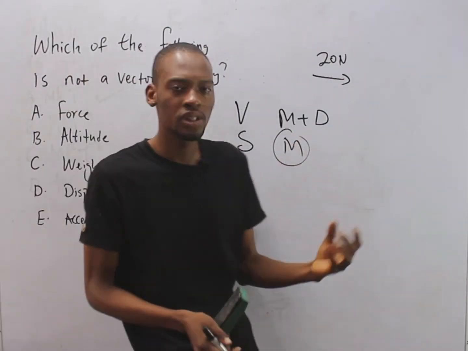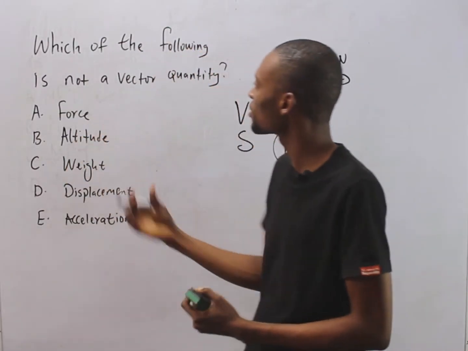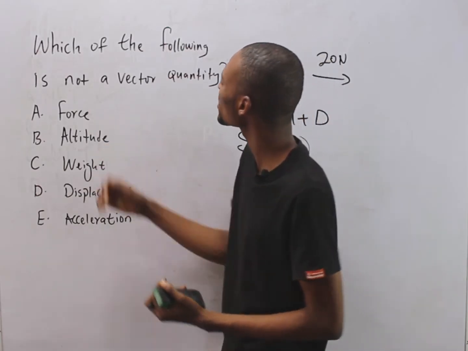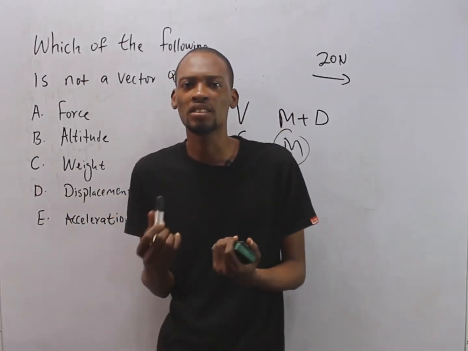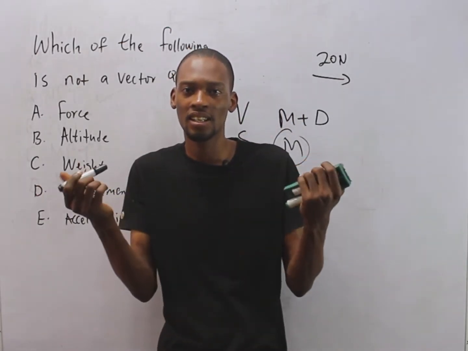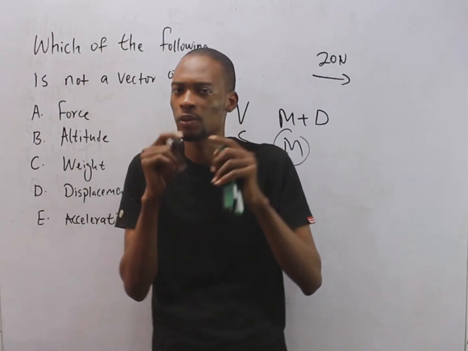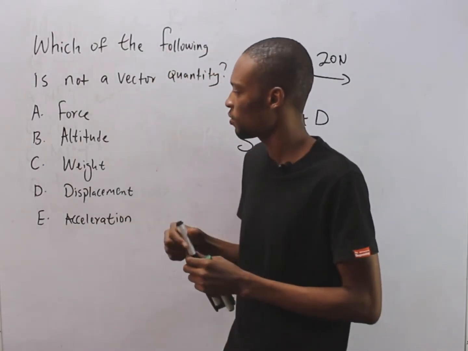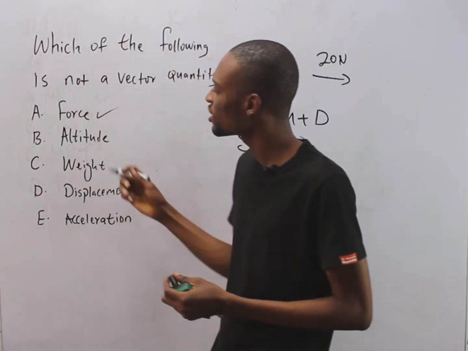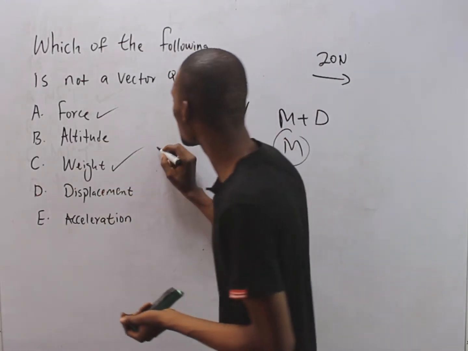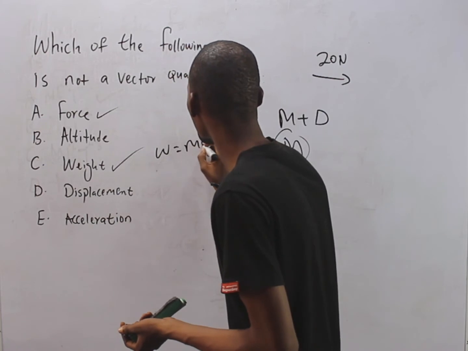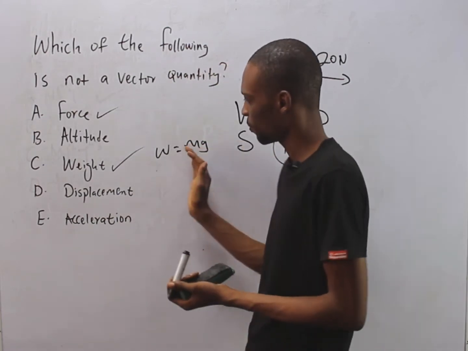These are vector quantities. Now give me these options. Which is not a vector quantity? Meaning, which of the following only has size and no direction? A. Force. Force is a vector quantity. Weight is a vector quantity. In fact, weight is mass times acceleration due to gravity.